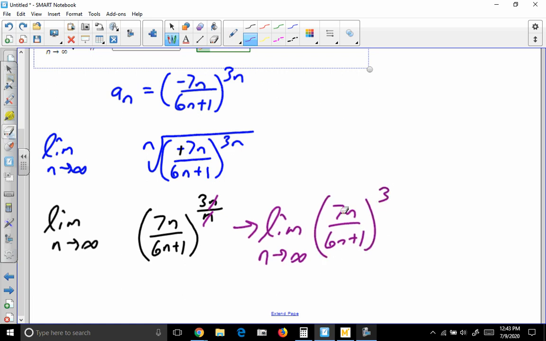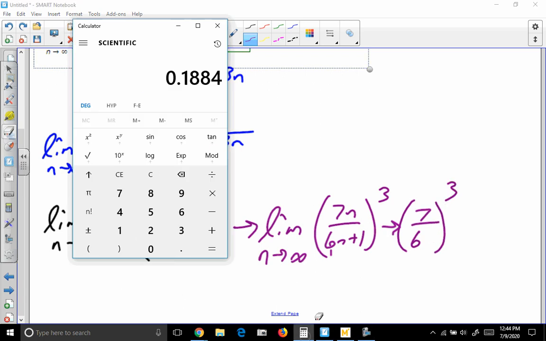So properties of limits, if we have something raised to a power, we can take the limit of the inside and then cube it. If we take the limit as n goes to infinity, since those degrees match, it's going to turn out that we get 7 over 6, and then we're going to cube that.